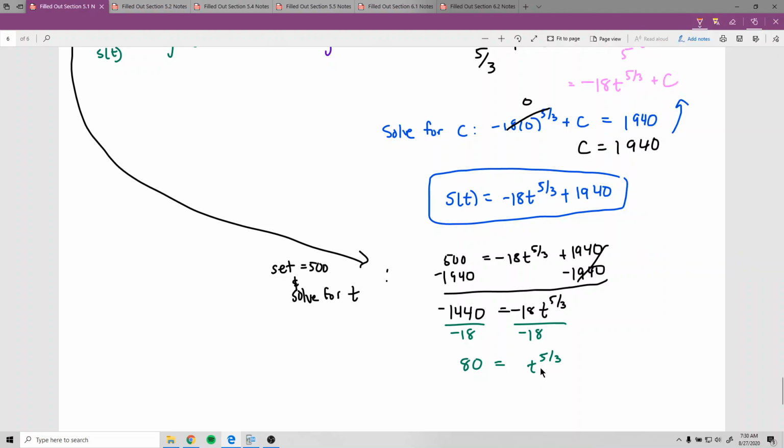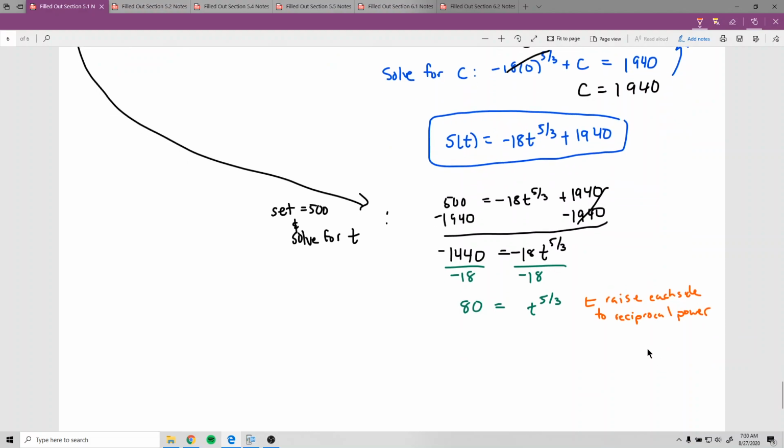Now to solve for t here, you can do one step. You raise each side to the reciprocal power. What happens is the powers on the right will cancel, and then we'll just be able to compute it on the left.